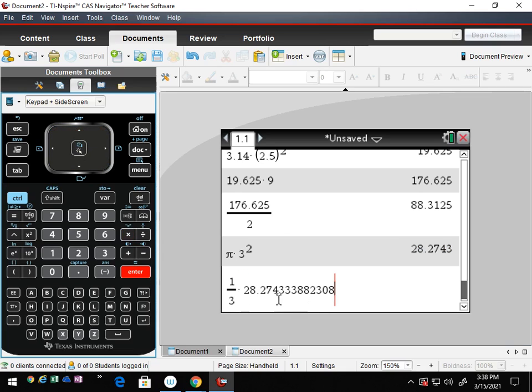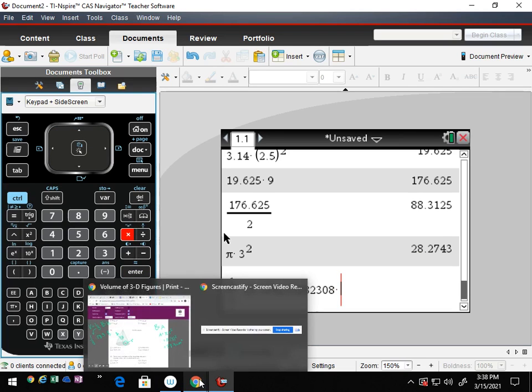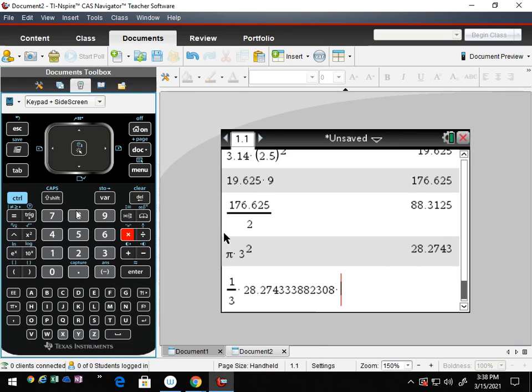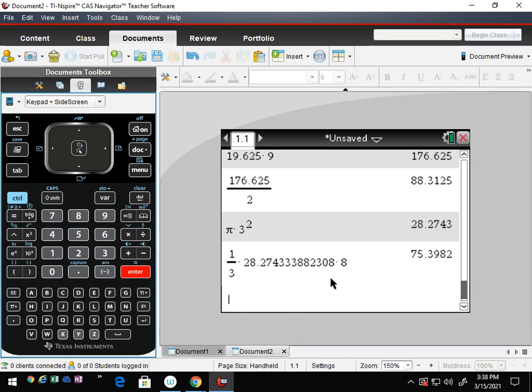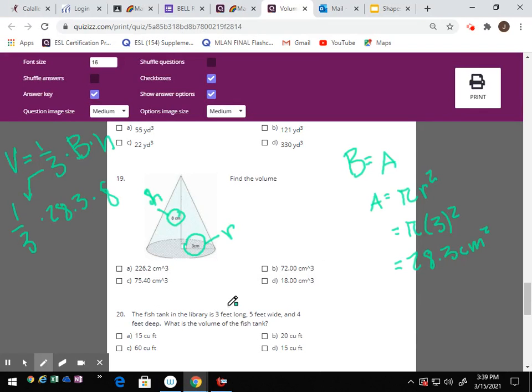We'll press enter, so we get all the decimal points, times our height, which was 8. We get 75, and we'll round up now since we're at the end to 75.4. We have volume is equal to 75.4 centimeters cubed as our final answer, which is answer choice C.